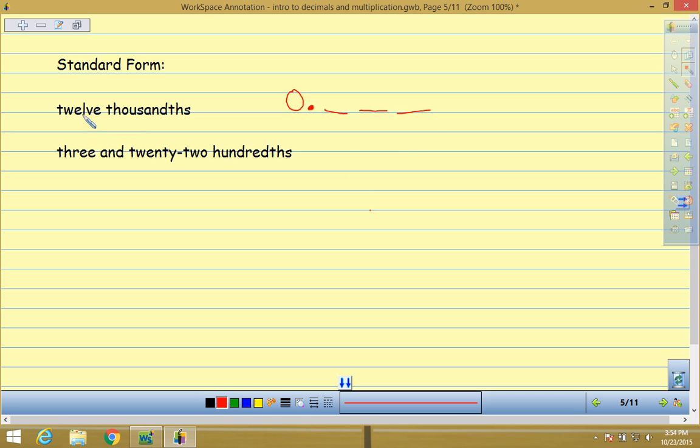My last number needs to end in this place value right here. So I see the number 12. The second number of 12 to the right is 2. So here we have 12, and then I'm going to fill in a 0. So this is 12 thousandths.